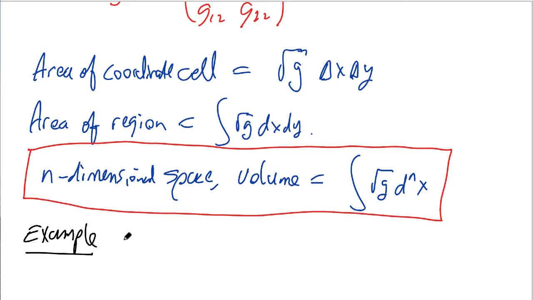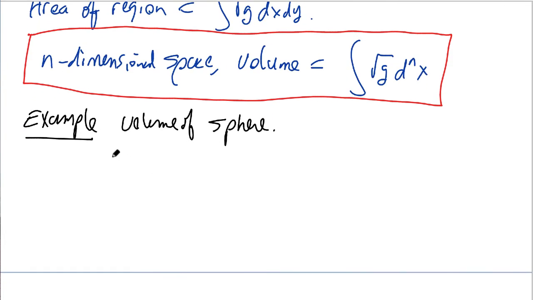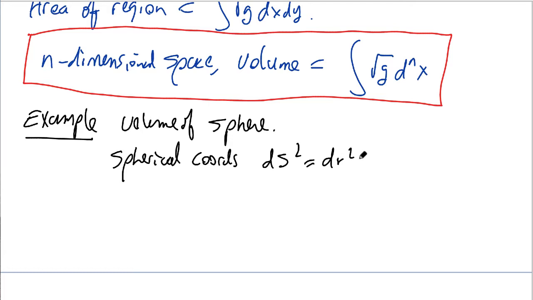Let's look at the volume of a sphere. So let's use spherical coordinates. So the line element is dr squared plus r squared d theta squared plus r squared sine squared theta d phi squared.